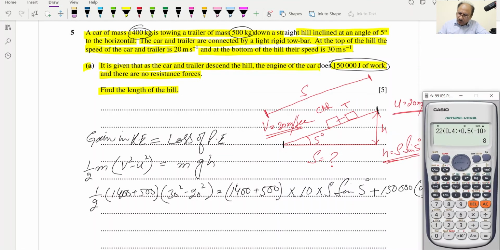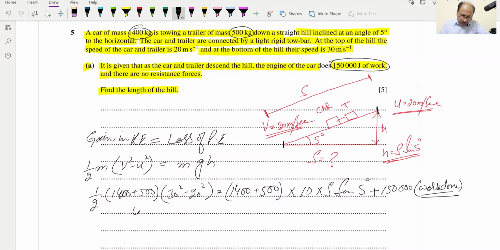We can use calculator directly to solve 0.5 into bracket 1400 plus 500 bracket close into 30 squared minus 20 squared, and this will be equal to 475,000.